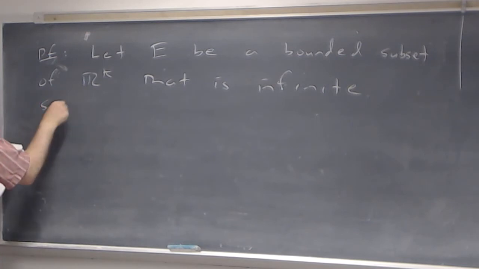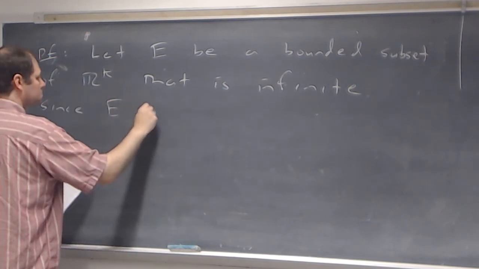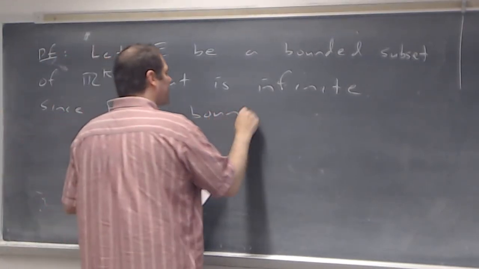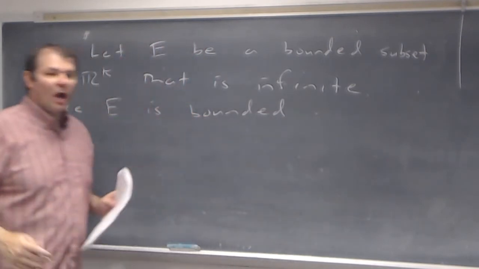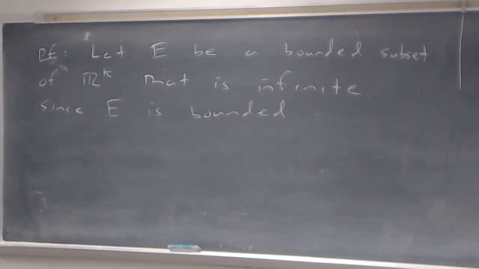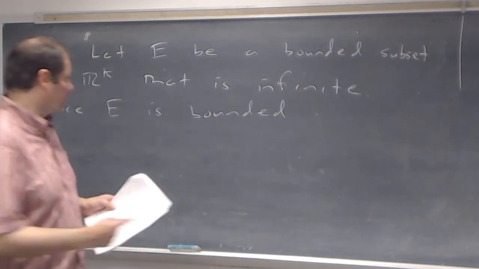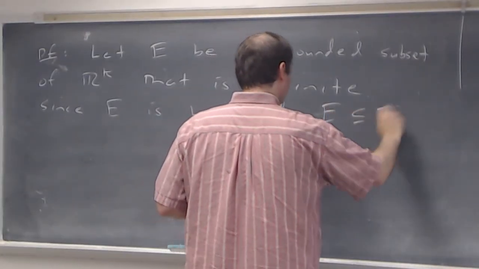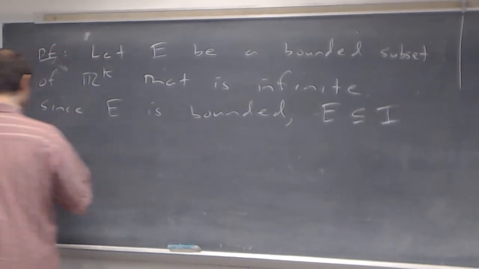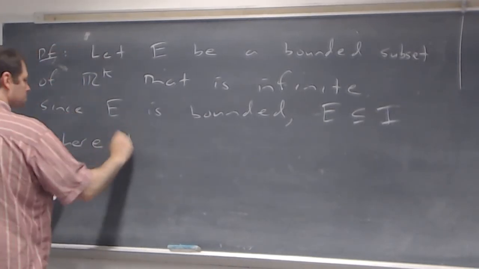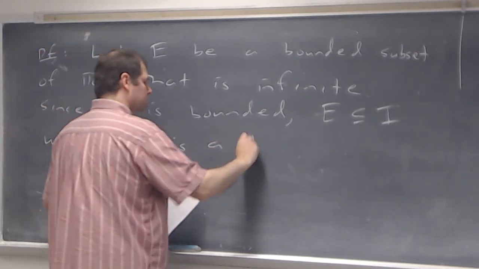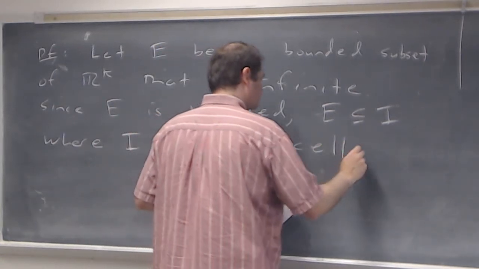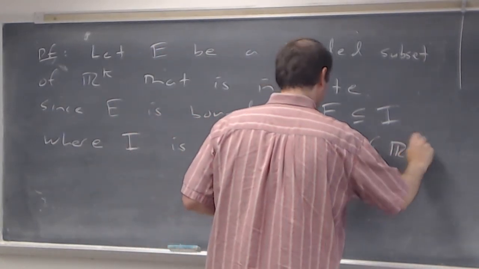Since E is bounded, by the process that we used to show that A implies B in the previous theorem, you can show that process implies E is contained in some I, where I is a k-cell of R^k.